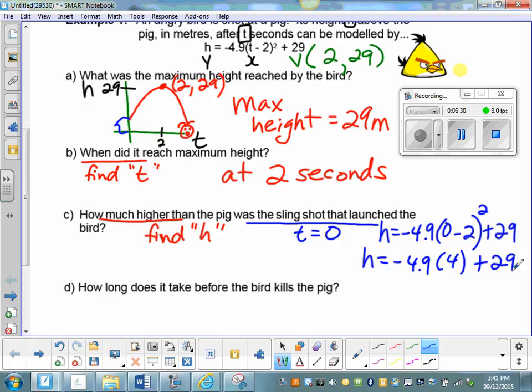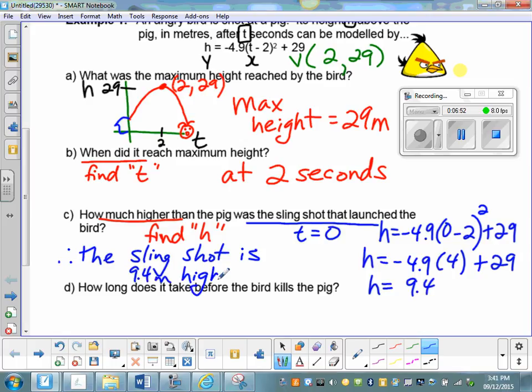And if I do negative 4.9 times 4 and add 29, I get 9.4. So therefore, the slingshot is 9.4 meters higher than the pig.